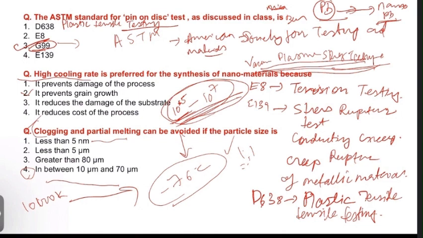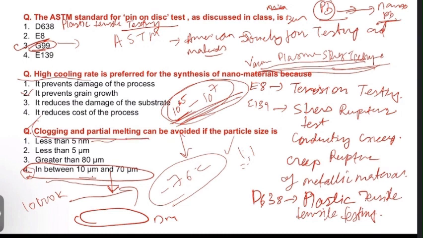Yes, you are partially correct that you should have a range, and there is only one option in which a range is mentioned. If I use particles between 10 micrometer and 70 micrometer, then I will get nanoparticles of some range. But here the question was what should be the range of bulk particle to avoid these problems.